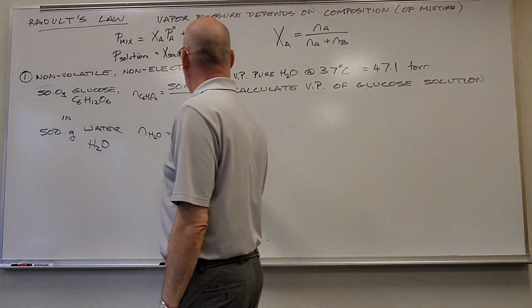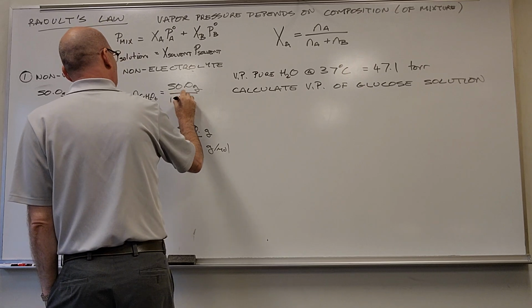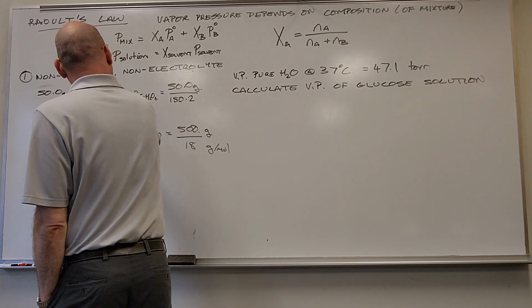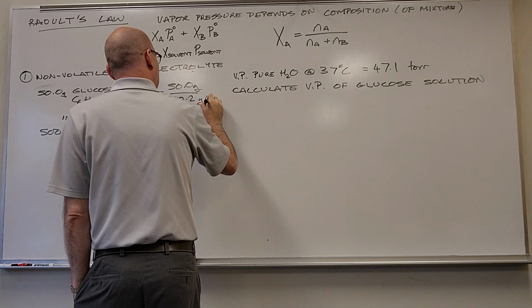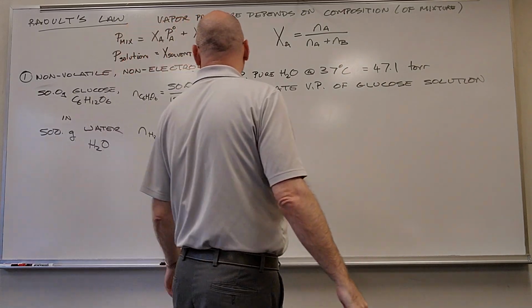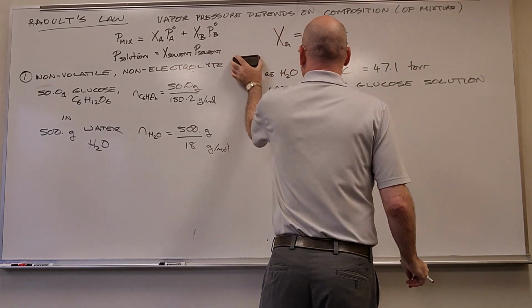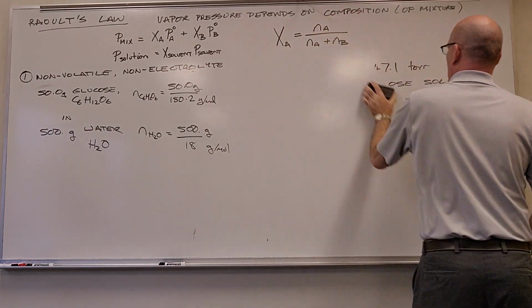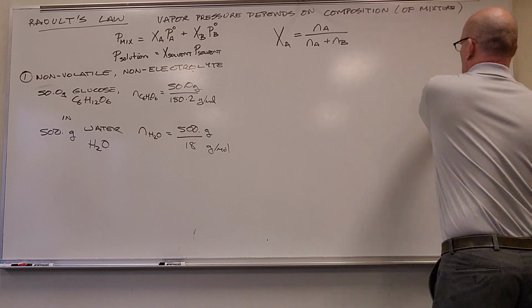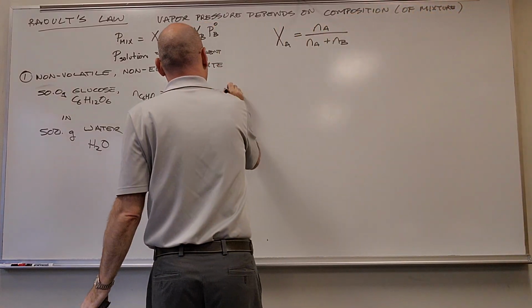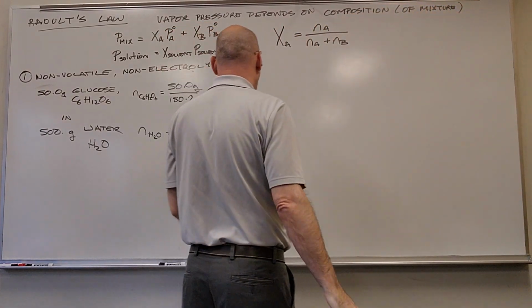There is actually a decimal there because you've got so many things. Okay. So 50 divided by 180. And 500 divided by 18.